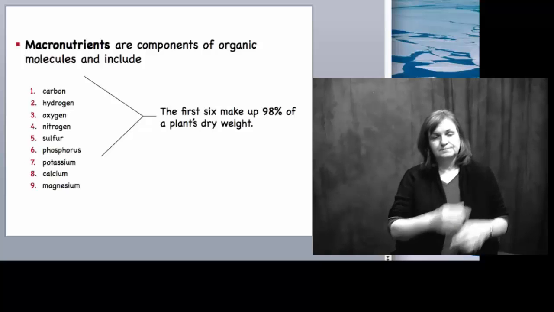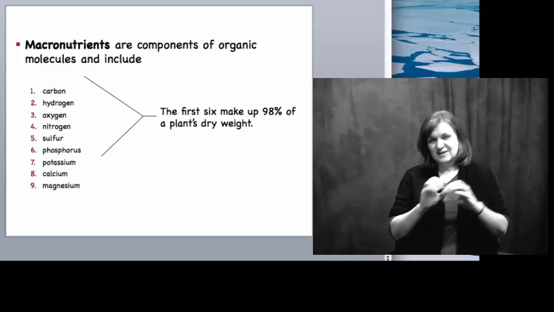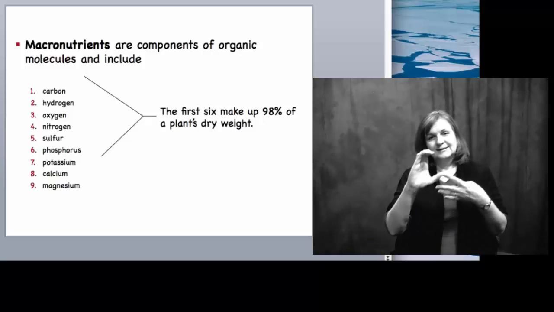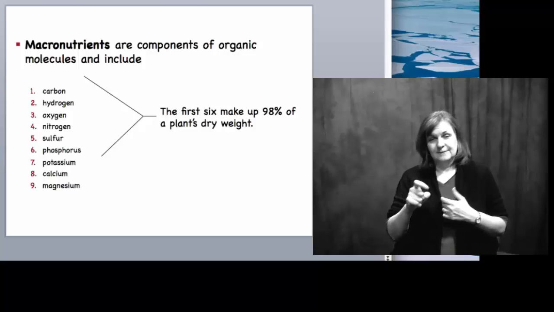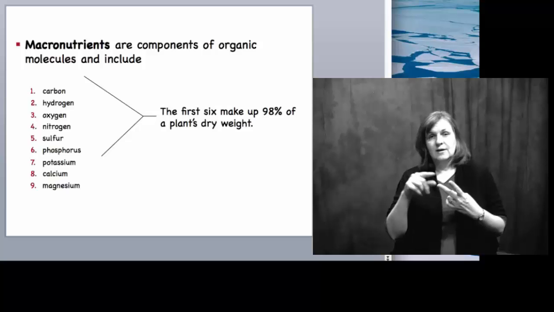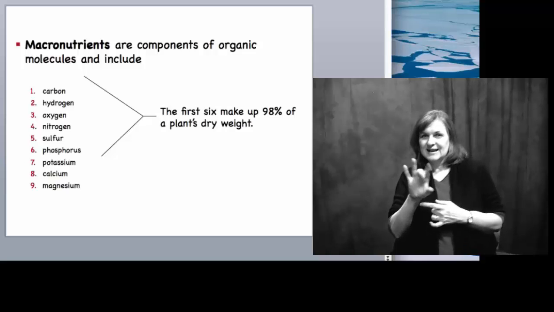So the first 4 on this list, carbon, hydrogen, oxygen, and nitrogen, probably do not surprise you in the least. CHON are the big nutrients that any living organism needs on this planet. Number 5 and 6, sulfur and phosphorus, round out the top 6 and give us 98% of a plant's dry weight.